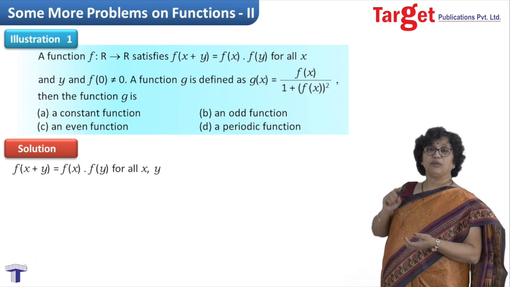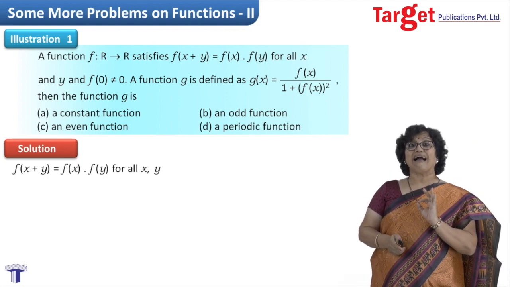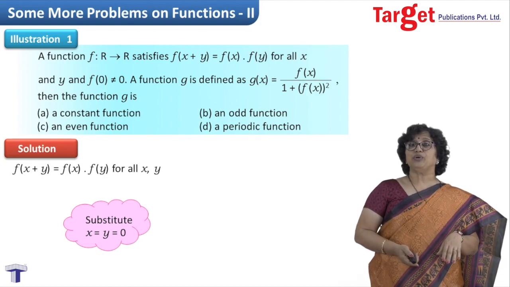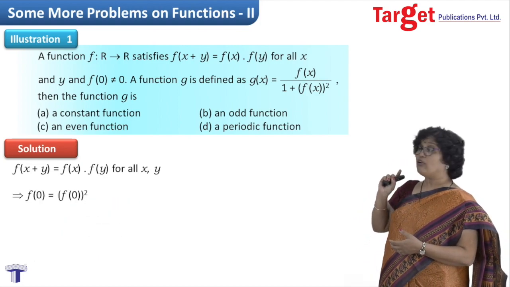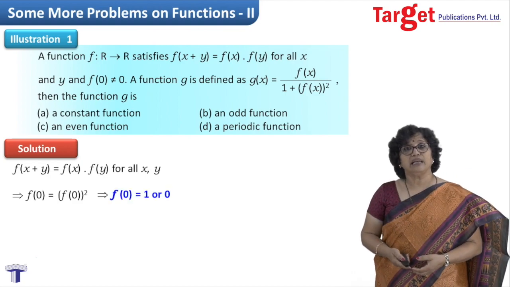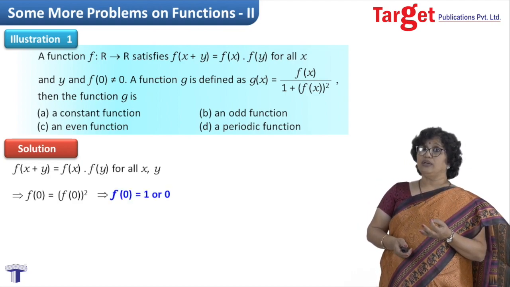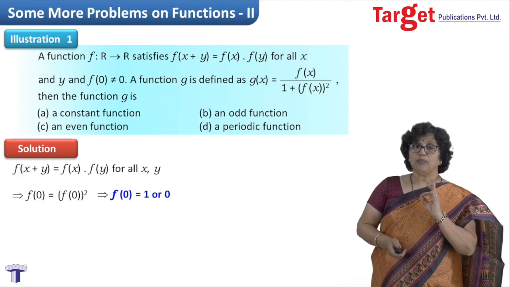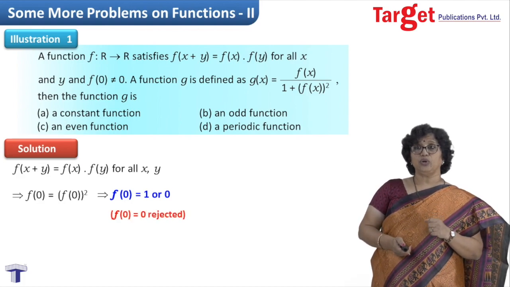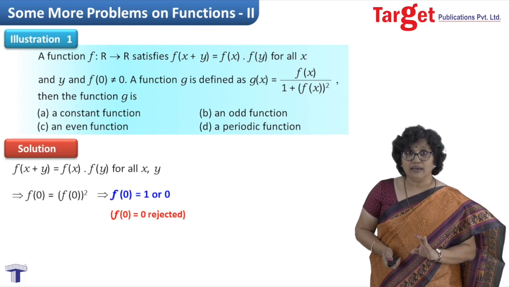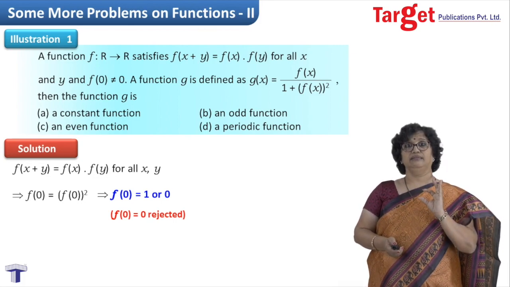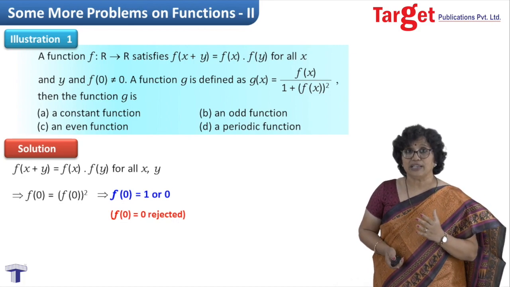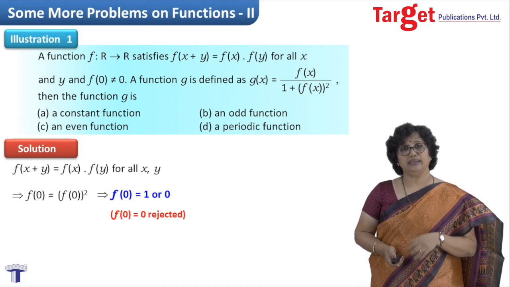Because some information in the problem is given regarding f(0). So I substitute x = y = 0, and I realize that f(0) = f(0)². Now what does that lead to? That tells me f(0) is 1 or 0. But the question says f(0) is not 0. So f(0) = 0 is rejected. And now at least one piece of information I have found using the functional equation, that f(0) is 1.